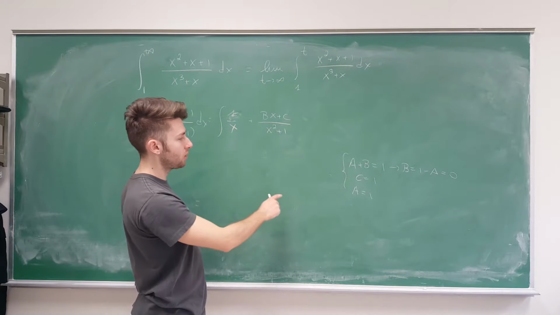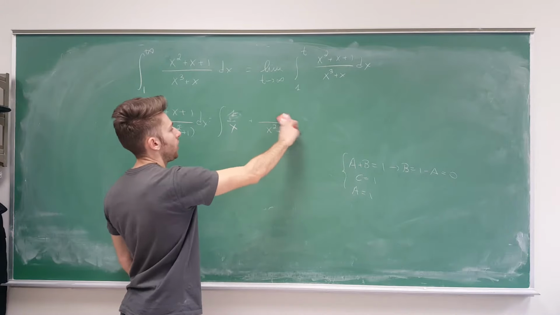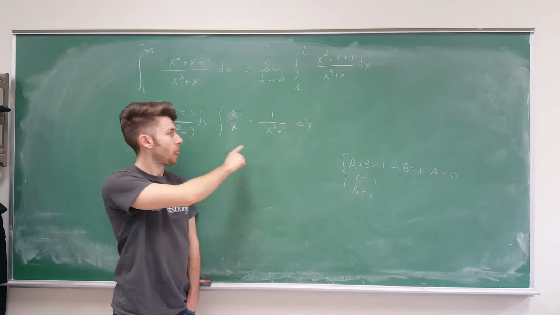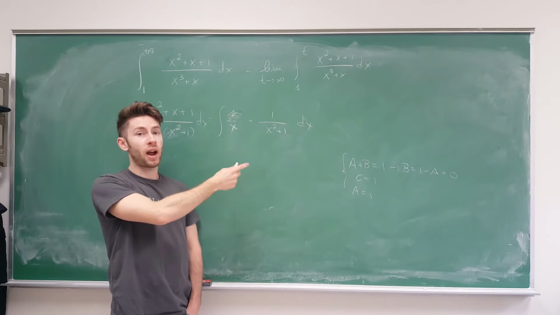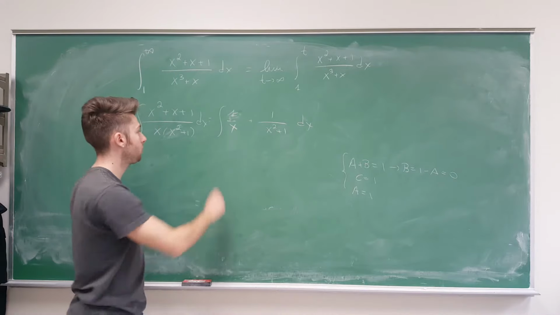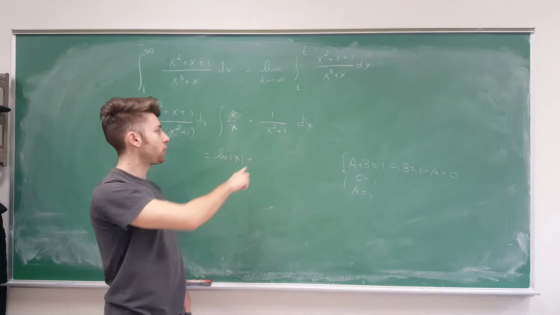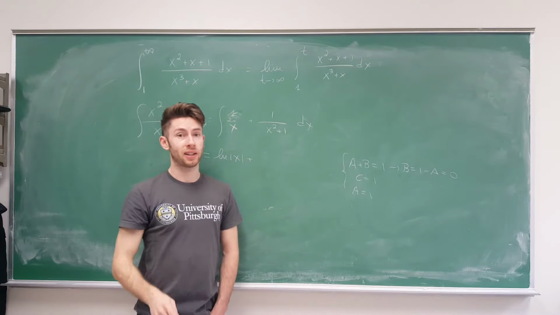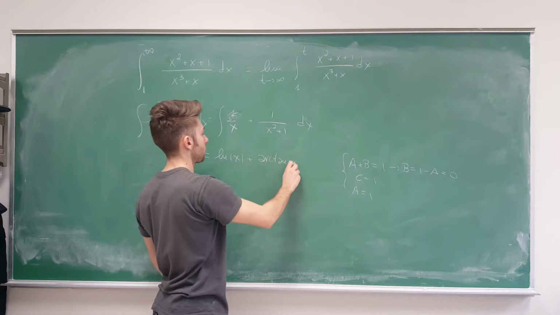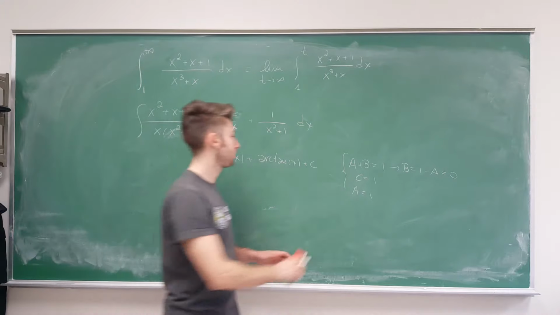And b is 0, so I don't have it. And c is 1. So those are these simpler fractions that we are going to integrate. 1 over x is a logarithm. And 1 over x squared plus 1 is arctangent plus c. That's the indefinite integral.